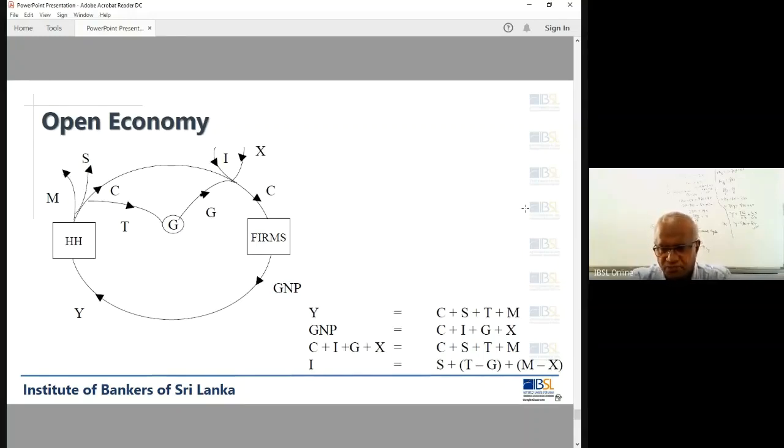Demand equals supply. Investment in this economy is financed using S, household savings, T minus G, government savings, and M minus X, which is called foreign savings. Three sectors, three players provide savings to finance investment.